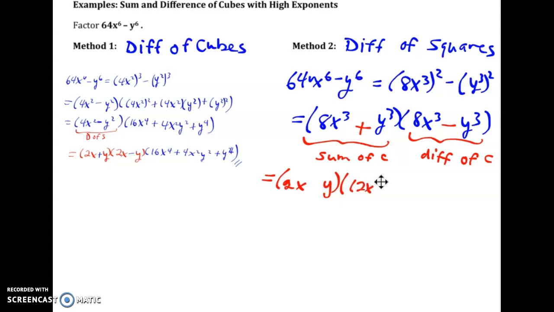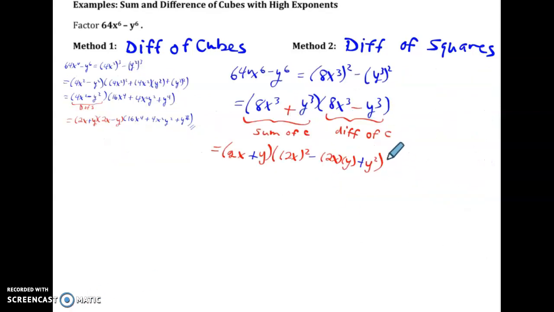Then we would have our a squared, we'd have our AB, we'd have our B squared. And because it's a sum of cubes, the signs would be same sign, opposite sign, always positive. And that is the first bracket factored.